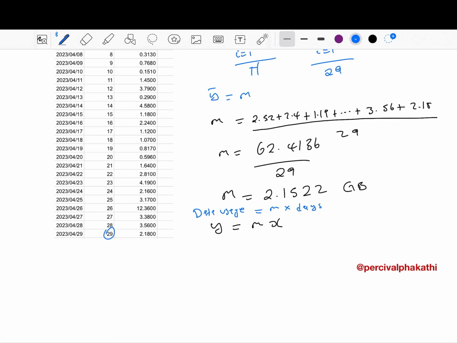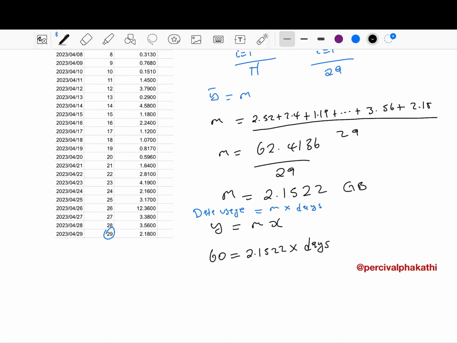So you are trying to figure out which day in the month you're going to run out of your data. So what is your maximum data? It is 60 gigabytes. So you have 60 gigabytes is equal to your gradient, which is 2.1522, times x in this case, which is the number of days.